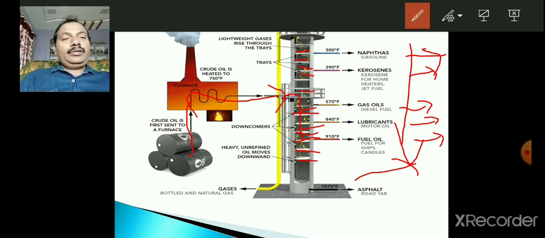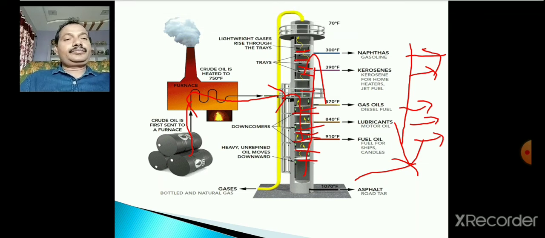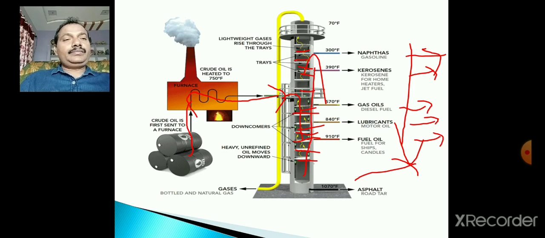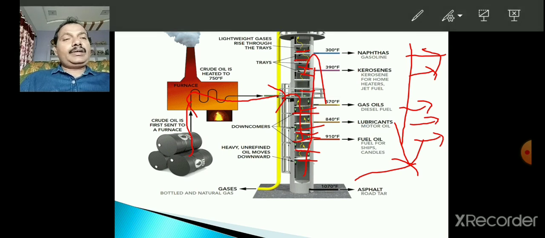The lightweight vapors move up. The fluid comes down, and vapors are moving up. That is the thing. And at 70 degrees Fahrenheit, you will have a tap section, and this is the naphtha.